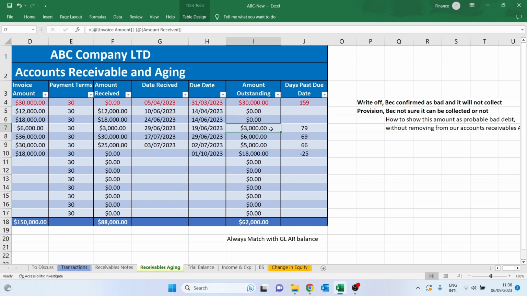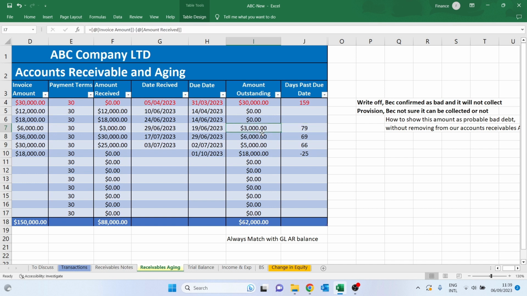At the same time, we need to keep this 3,000 in the receivables. Only if the amount is showing in the receivables, then we will follow up with the customer. We will send the statement of account to the customer. We will follow up with the customer. Right? If the amount is not there, we will not follow up.